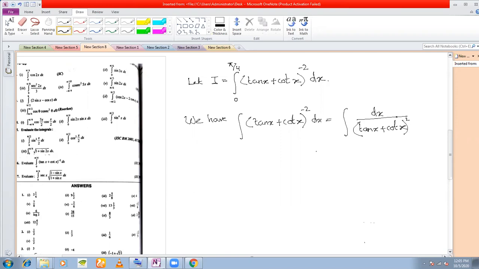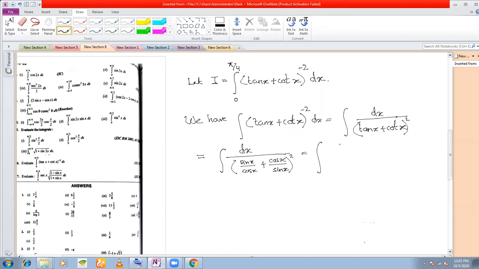So from here, if I want to evaluate this integral, we change everything to sine and cos. Tan x you write as sin x by cos x, and cot x you write as cos x by sin x, whole square.